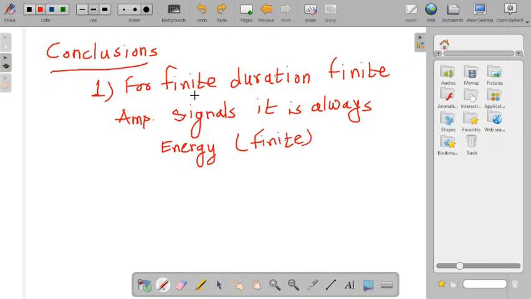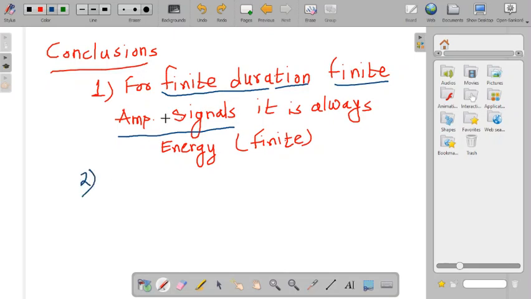They are energy signals. So finite duration and finite amplitude signal, this is very important to know. Amplitude is finite as well as duration is finite. Those signals are always energy signals because the energy of those signals is finite.